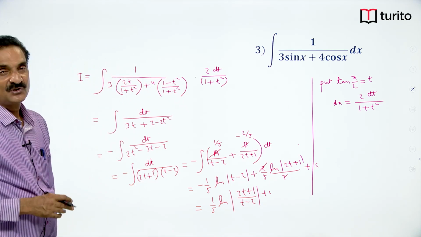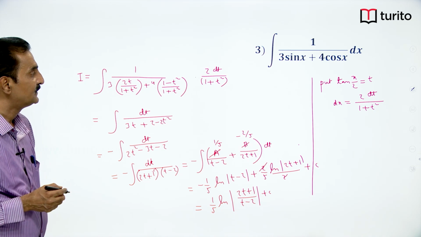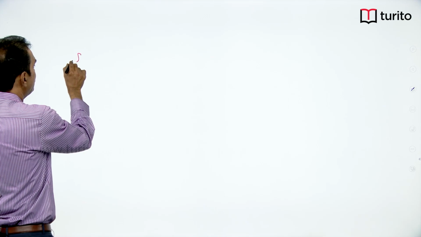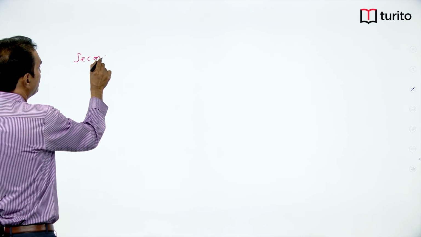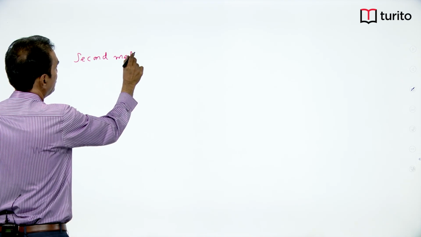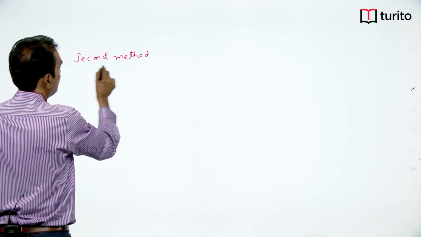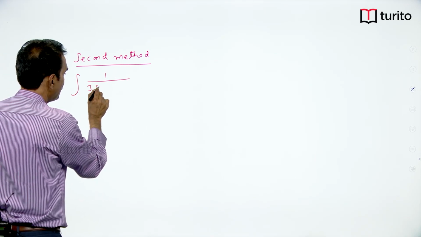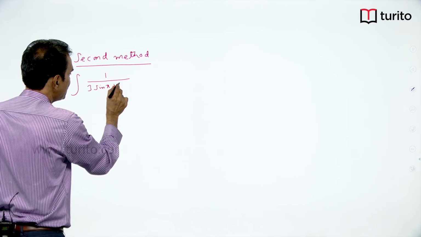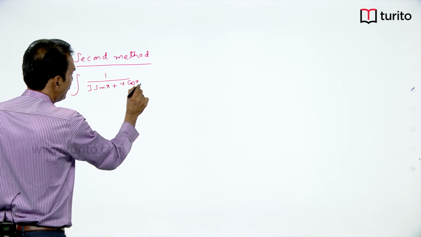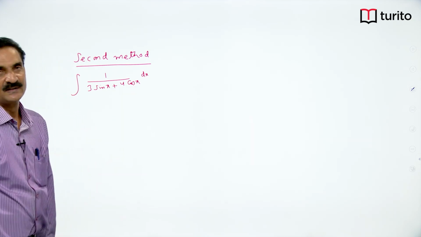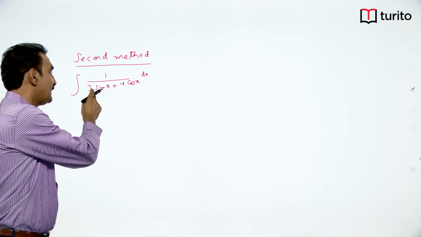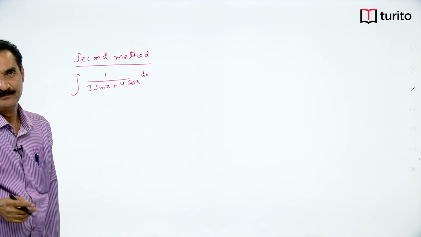We can also solve this question in a second method. Second method. Integral 1 by 3 sin x plus 4 cos x dx. In this method, we will combine these two terms into a single term.